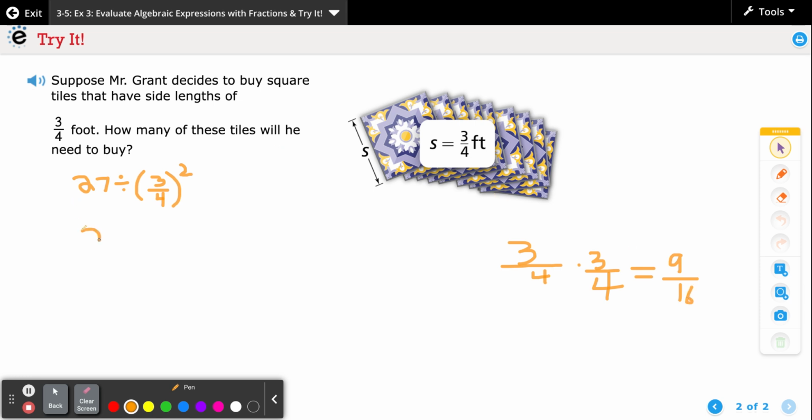All right, so now we have 27 divided by 9/16. Keep change flip. 27 over 1. I'm going to change the division sign to multiplication, and I'm going to flip the second fraction.